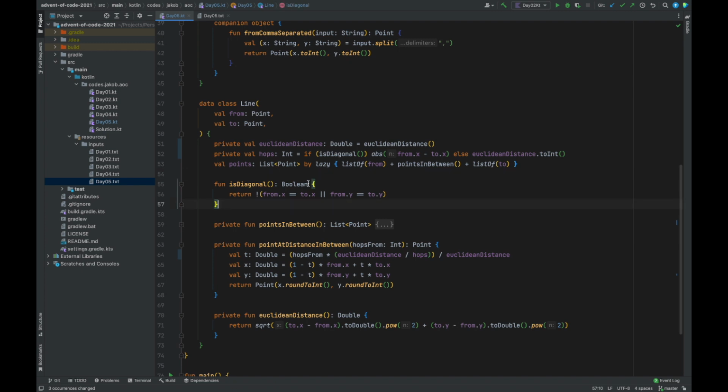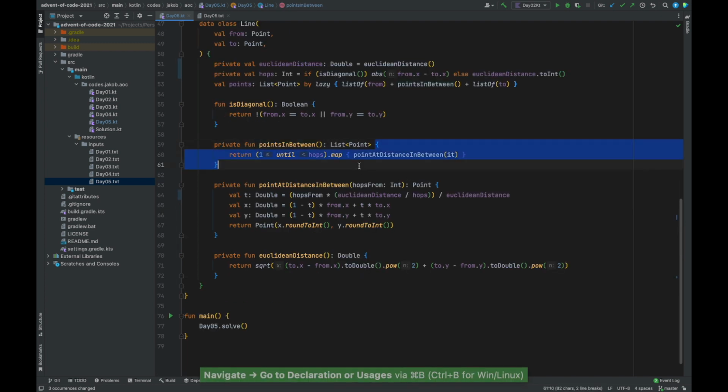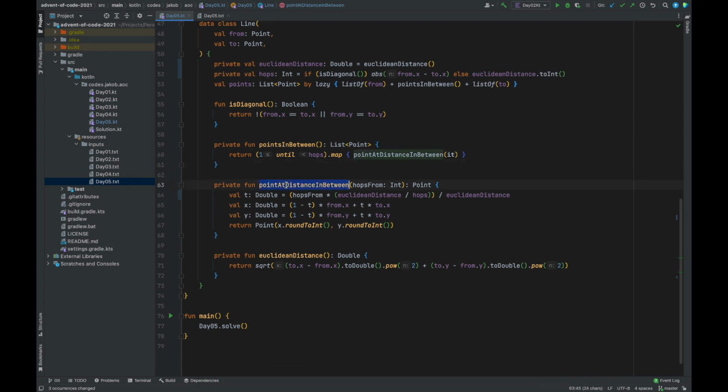Right, now to the part that we haven't looked at yet, which is points in between. So what is going on there? It's a one-liner, luckily. So all we have to do now, after we can calculate right here with this formula, which I'm going to go into in a bit more detail in a second, what point is from the starting point towards the to point, is simply the following.